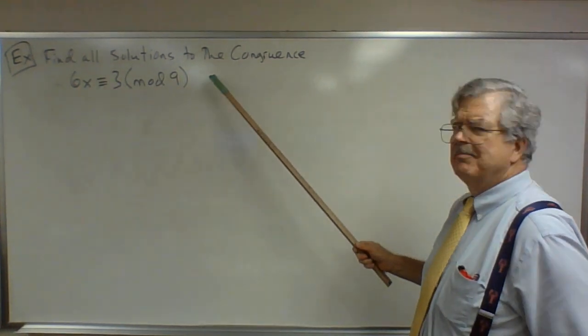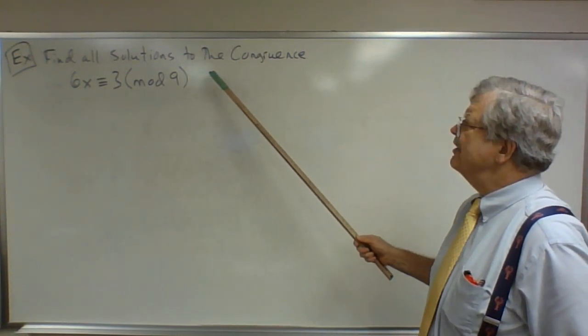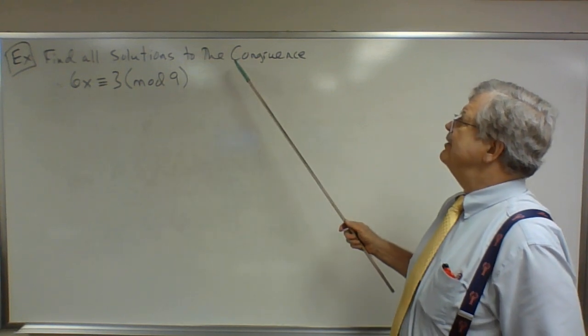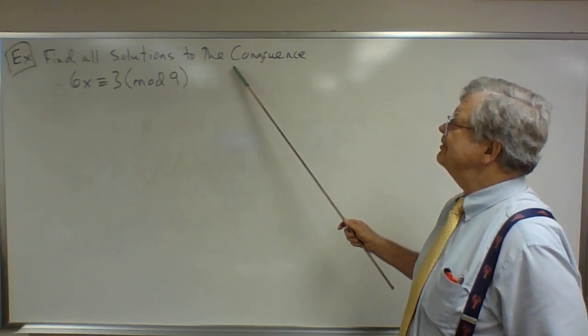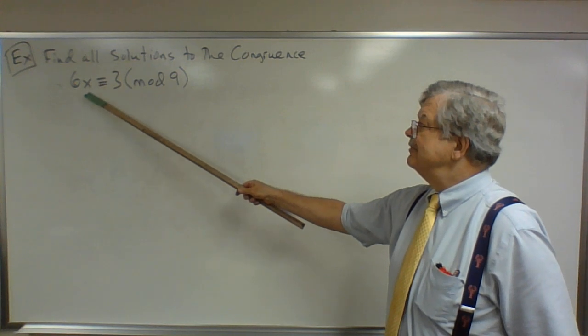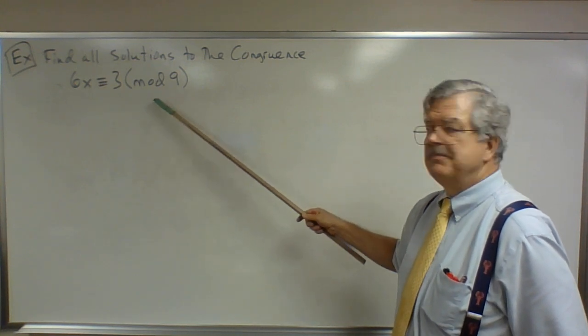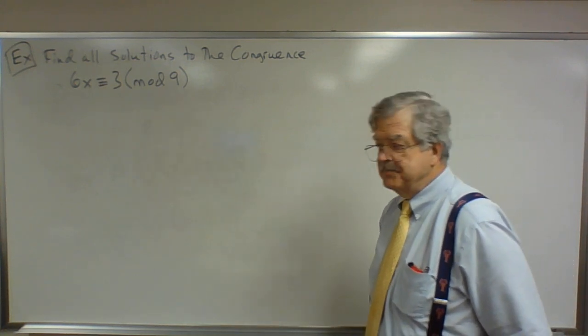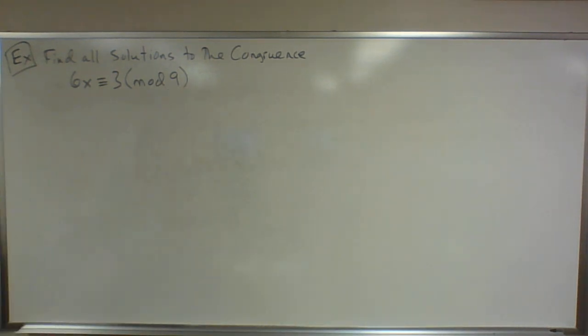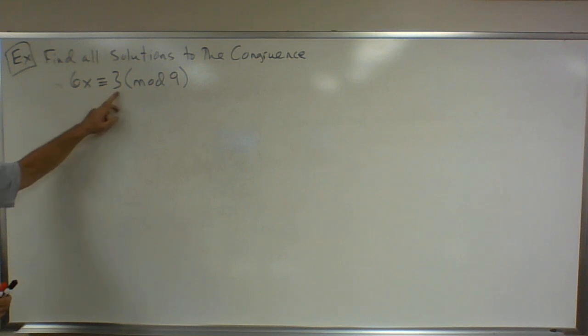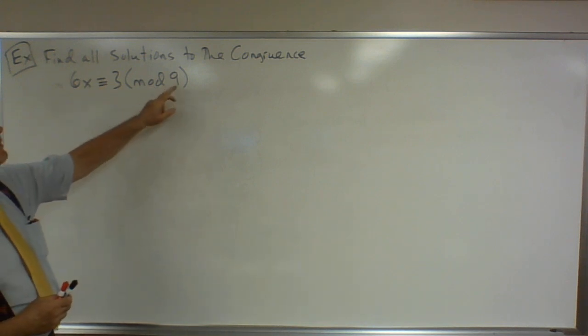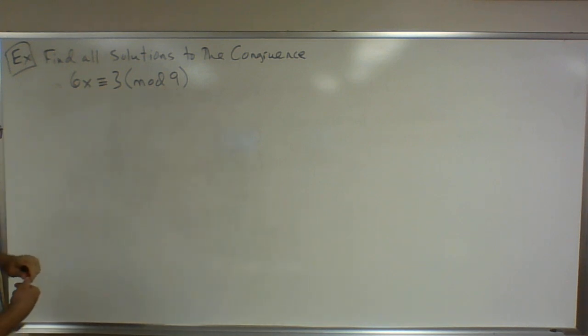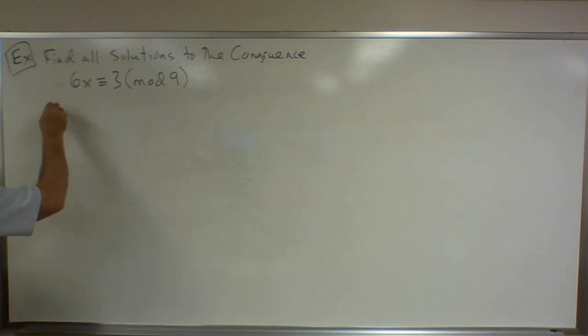Here's a good example to start off with. Find all solutions to the congruence 6x congruent to 3 mod 9. And again, we notice that all of the coefficients have a factor in common with n here. So let's write this as for what it is.